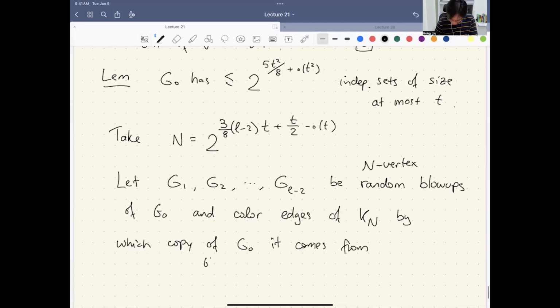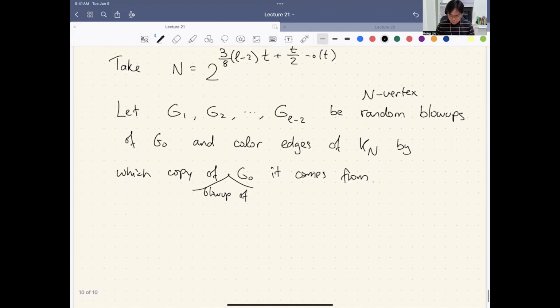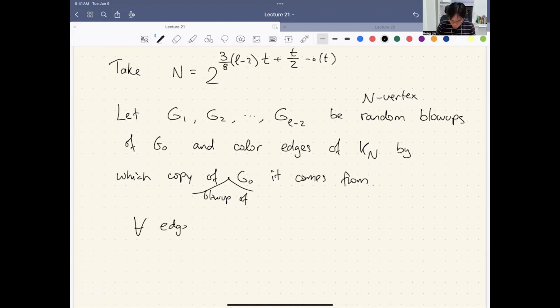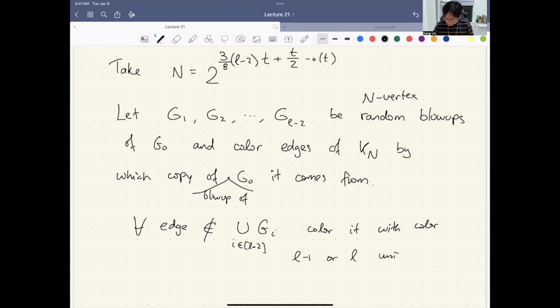But there are some edges that are not covered, any edge not in the union of the GI. Color it with color L minus 1 or L uniformly at random. This is the random bits.